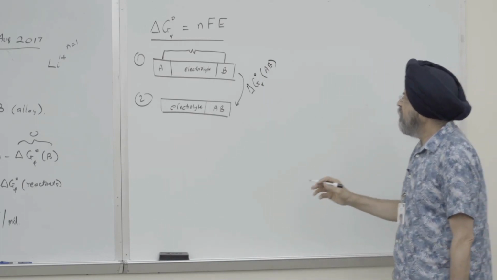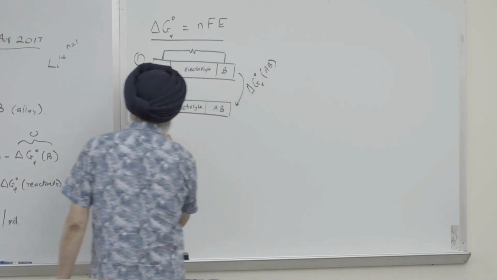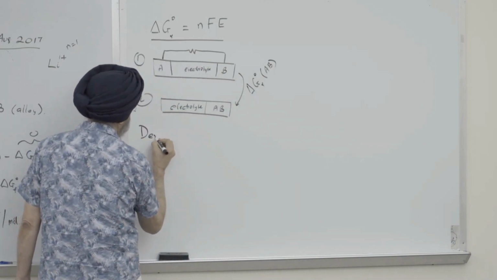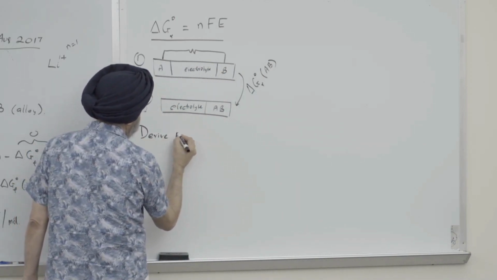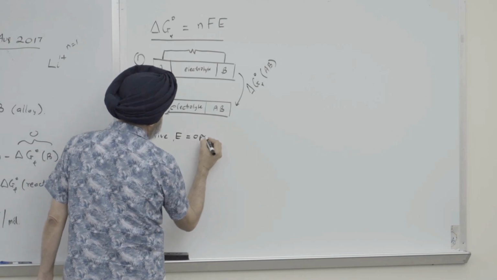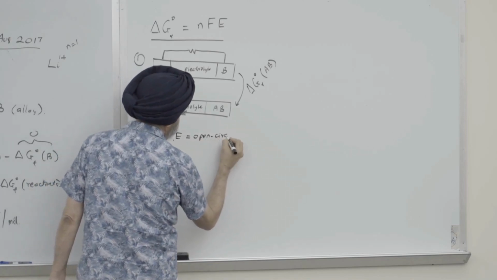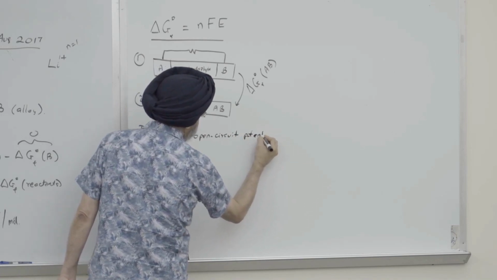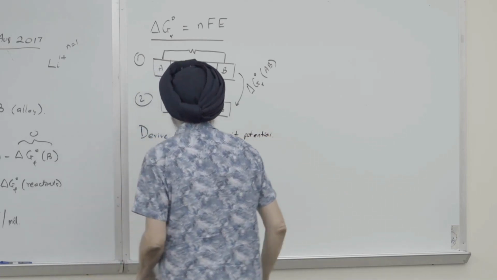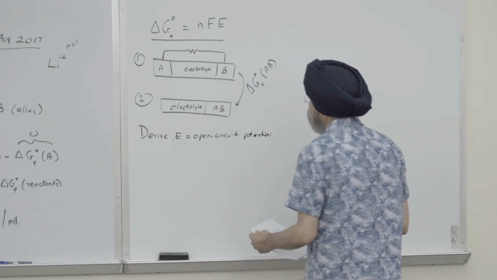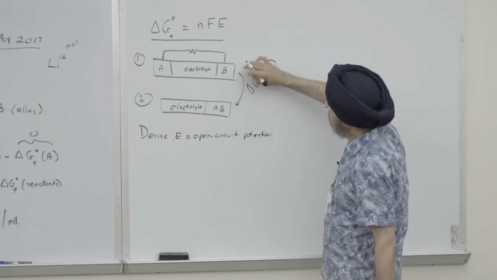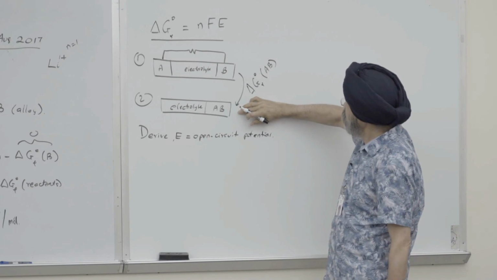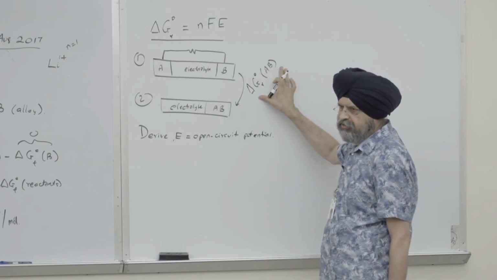So I want to now derive what E is, the open circuit potential of this cell. Let's do a little thought experiment. We went from stage 1 to stage 2 and gave off chemical energy.